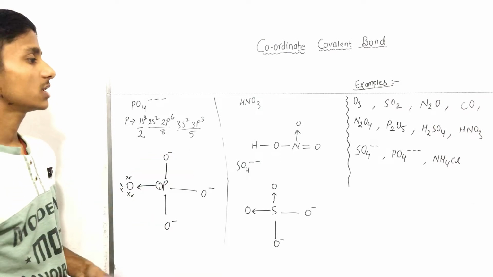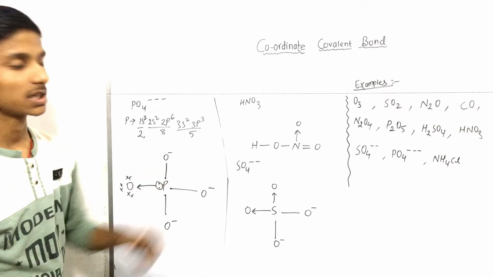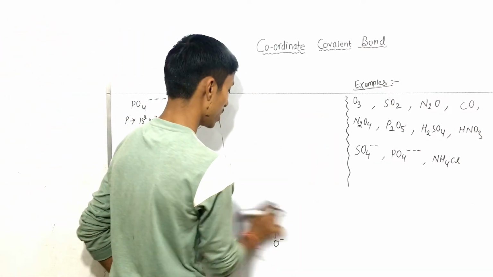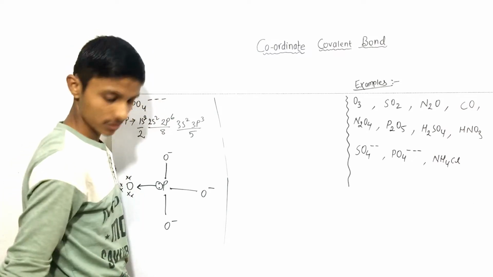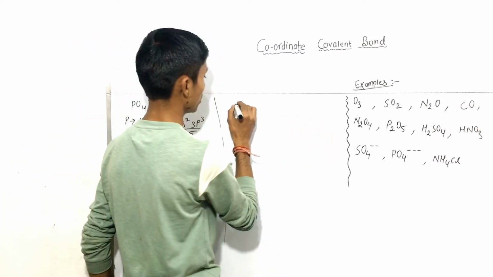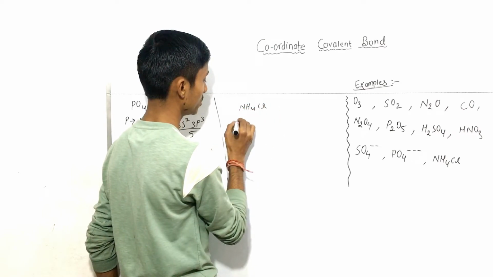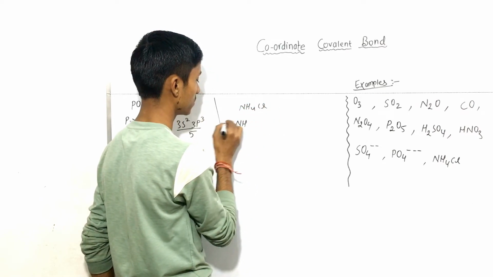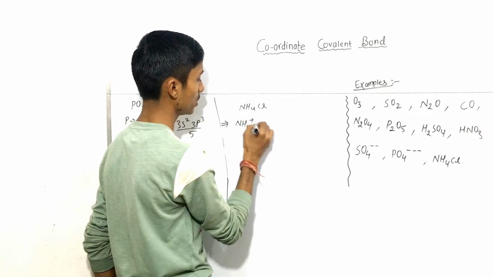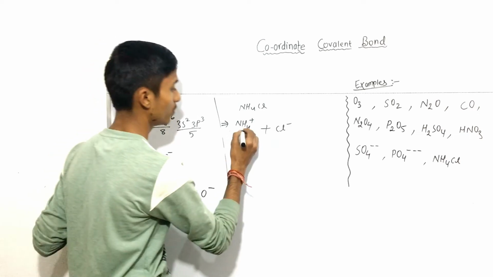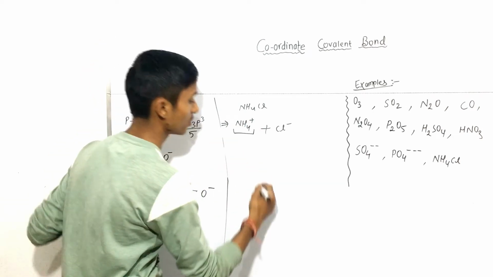Now we take another example, that will be our last example, NH4Cl. This is a salt and we know this is ionic. NH4Cl means formation takes place like this, NH4 plus Cl minus. Now we show the bond formation for NH4 plus.